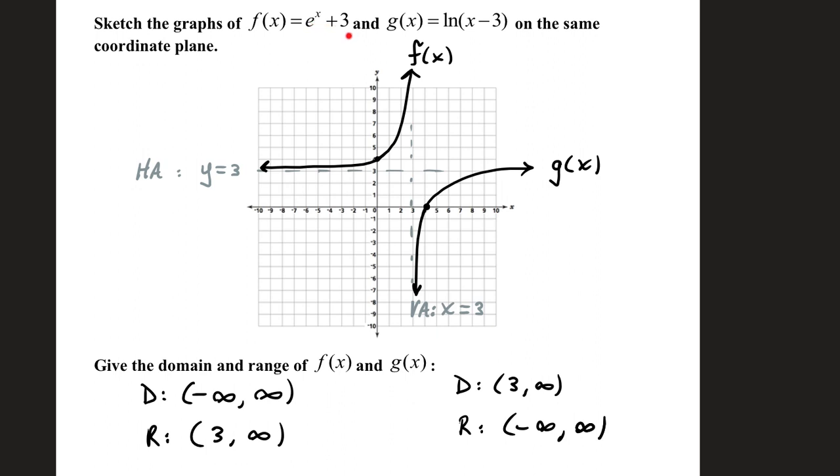E to the x plus 3, adding 3 to the end shifts your horizontal asymptote from the x-axis to y equals 3. So your graph will be flat until it explodes. Now there is no vertical asymptote, so I've stopped these dashed vertical lines on purpose. I don't want you to think there's a vertical asymptote at 3.